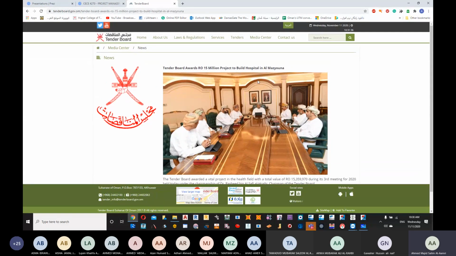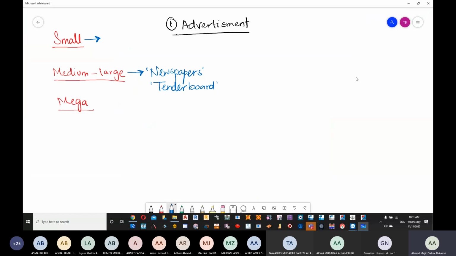So once again, whatever projects or tenders are going to be happening, they will be advertised in the tender board or the newspaper. Why are we doing so? To ensure that we are going to have more companies, not only the companies that I know.